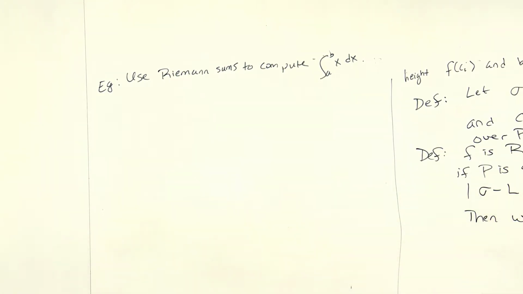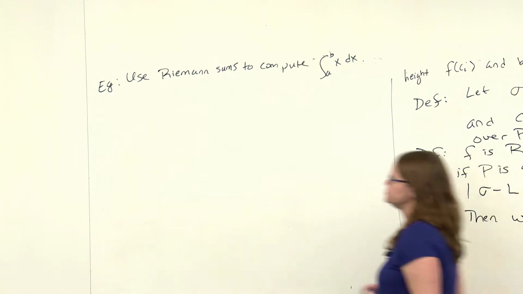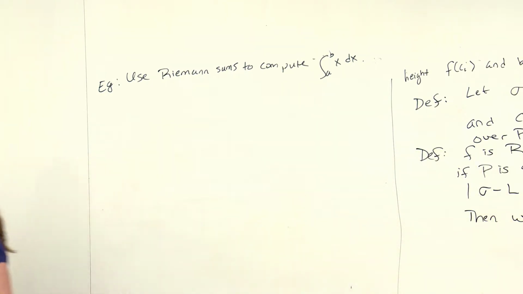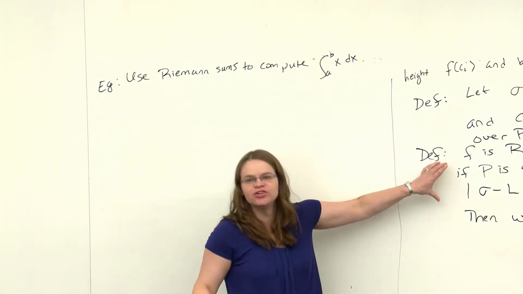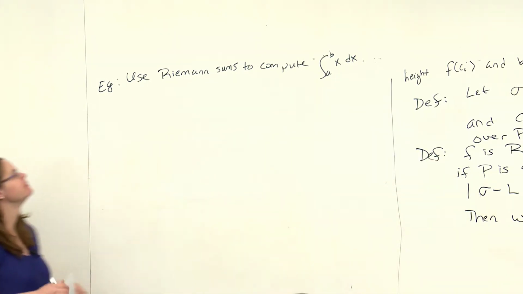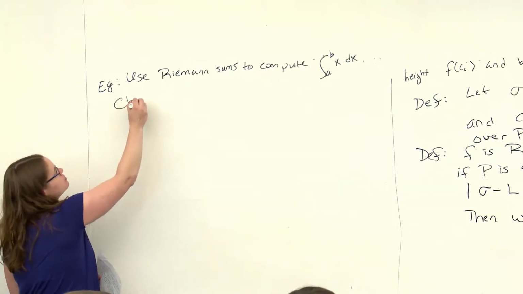Our goal is to find some number L such that we can satisfy this definition. These exercises start the way our old exercises with limits started, because what we're really doing comes down to a limit problem. So we need an epsilon.